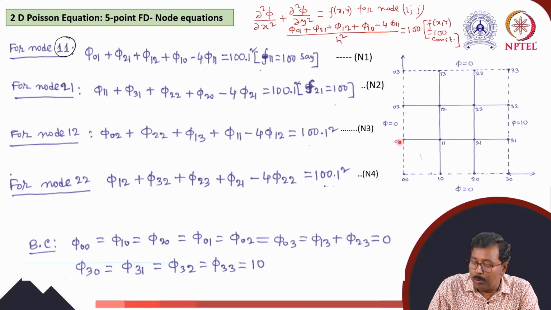And also phi 0 1, phi 0 2, phi 0 3, phi 1 3, phi 2 3 are all 0. But phi 3 0, phi 3 1, phi 3 2 and phi 3 3 are equal to 10. So put these boundary condition node values into the equations n1 to n4.